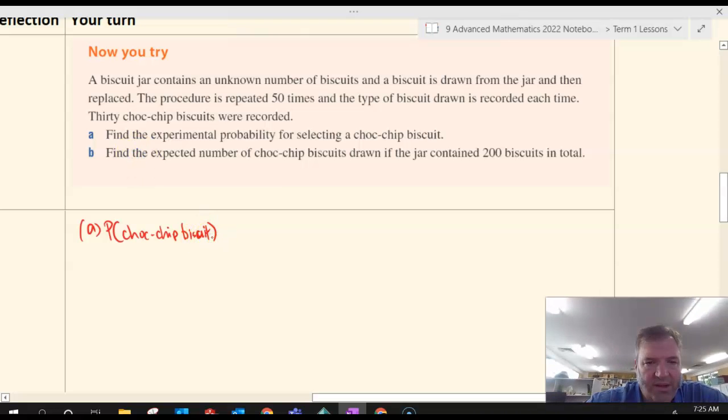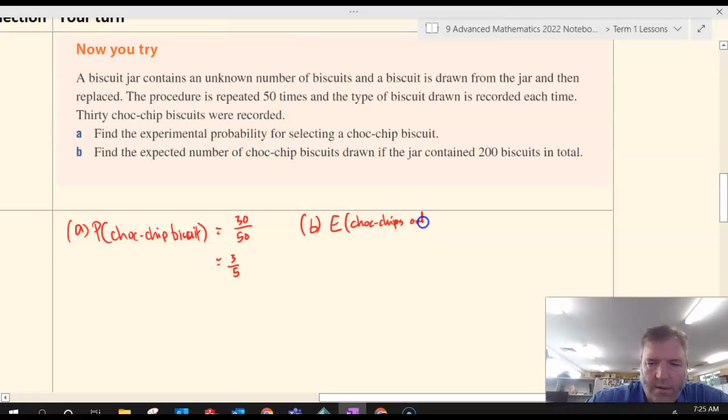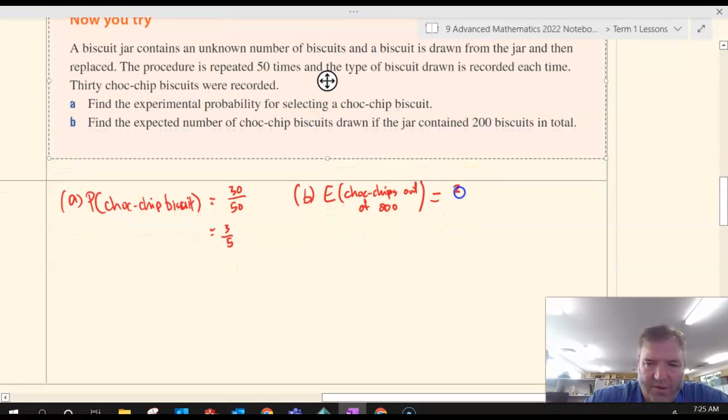Get my pen working there. It was 30 out of 50, or 3/5. The expected number of Choc chips out of 200 Choc chip biscuits, but just for brevity, I don't want to have you watching me draw slowly all the time.